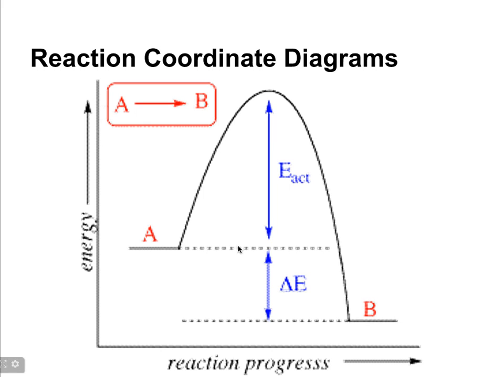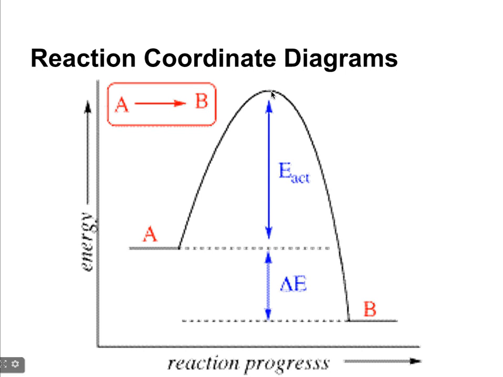If you look at the axes, reaction progress is similar to time as the reaction takes place, and energy is on the y-axis. This is our reaction: A yields B. So A is the reactants, and B is the products. The reactants gain a certain amount of energy, and this difference right here is our activation energy.